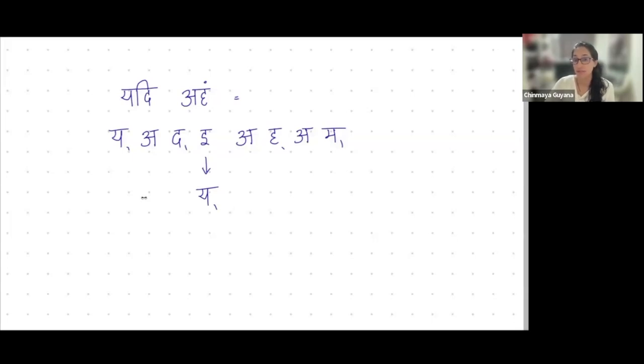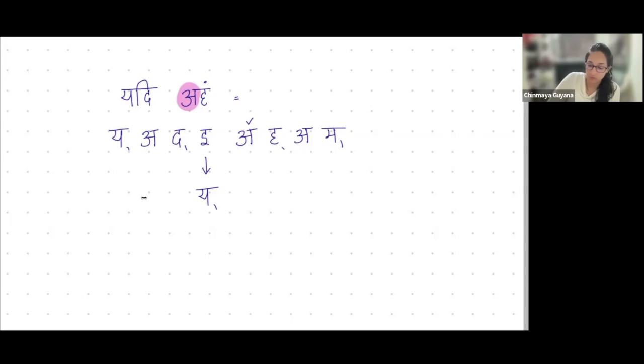So the word, if it was yadiyaham, the I is going to get removed. The a is going to stay. It's going to stay as it is. It's not going to change. So the a remains. And this I is going to become ya halant.